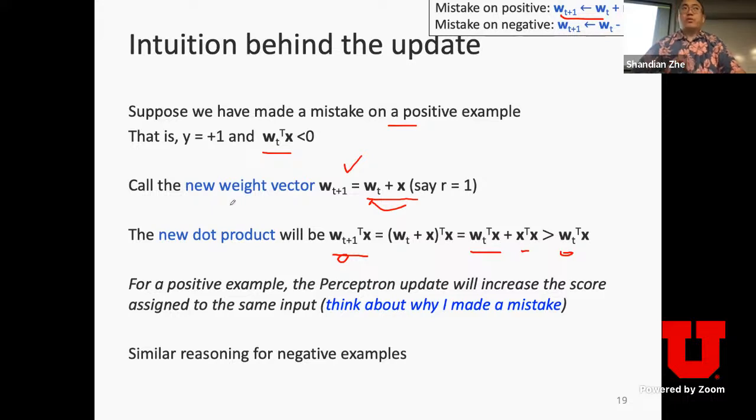No one knows. There could be the case that you correct the mistake made by the previous version, but you make an additional mistake on another example, which was correctly classified. It is possible, right? But this is the logic, and later we'll show some theoretical guarantees. As long as your data set is separable, then if you run the perceptron algorithm, you always find a separating hyperplane.